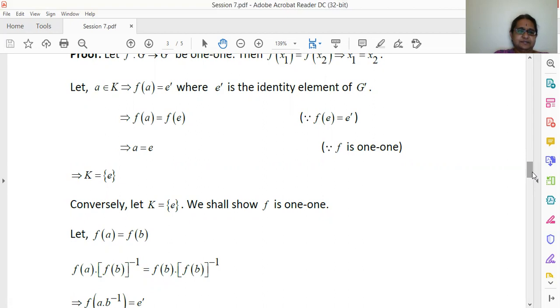So we get f of a dot f of b inverse is equal to f of b dot f of b whole inverse. This is equal to f of a dot b inverse, that is equal to e dash.